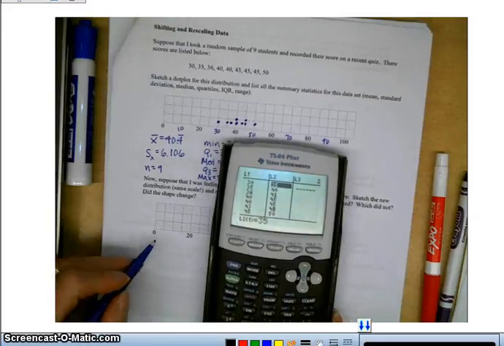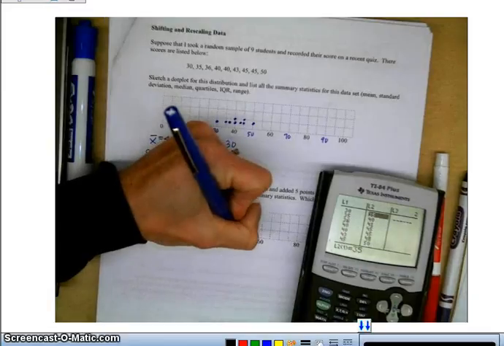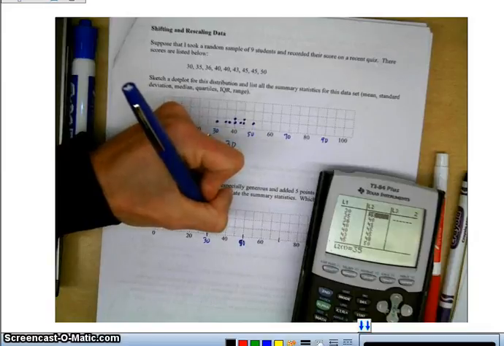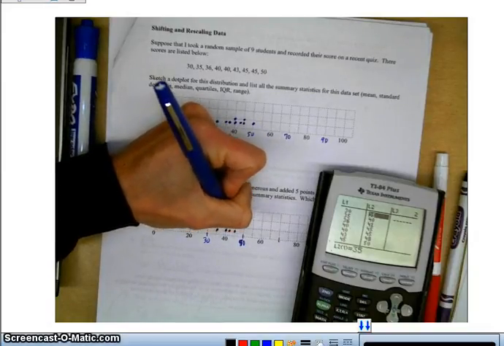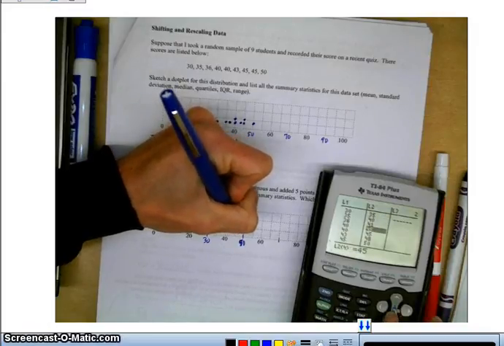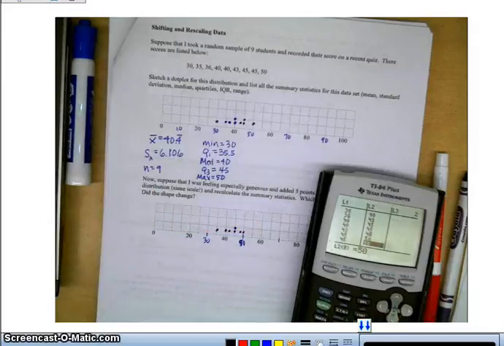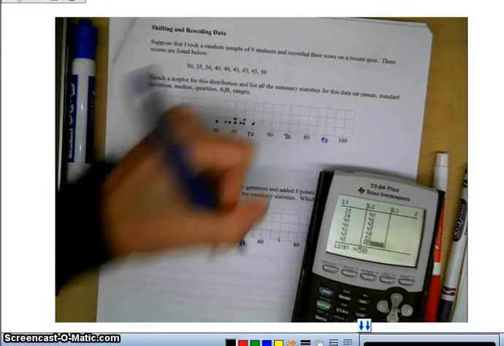So my new values that I need to plot are 35, 40, 41, 45, 45, 48, 50, and that's it. I must be missing something. And 50. Okay, so 2 50s.